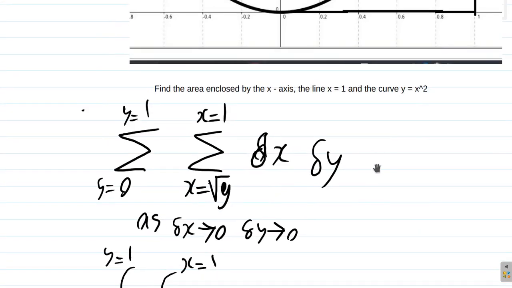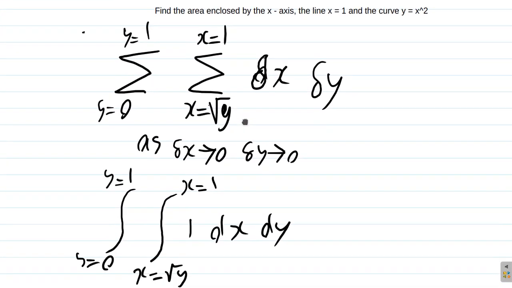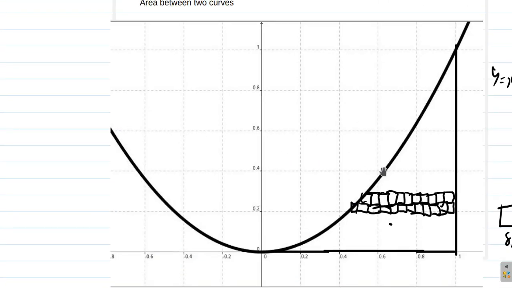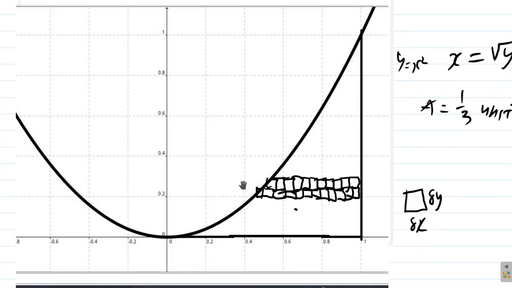So as you see, when we integrate and switch around the dx and the dy, we have to also change up the boundaries, right? When you are stacking up upwards, you're going from y equals 0 to y equals x squared, and then x equals 0 to 1.